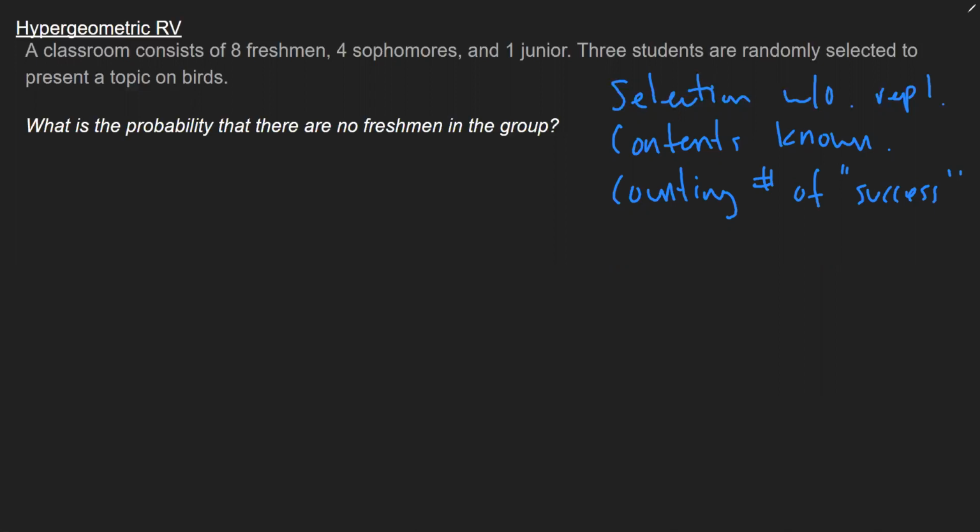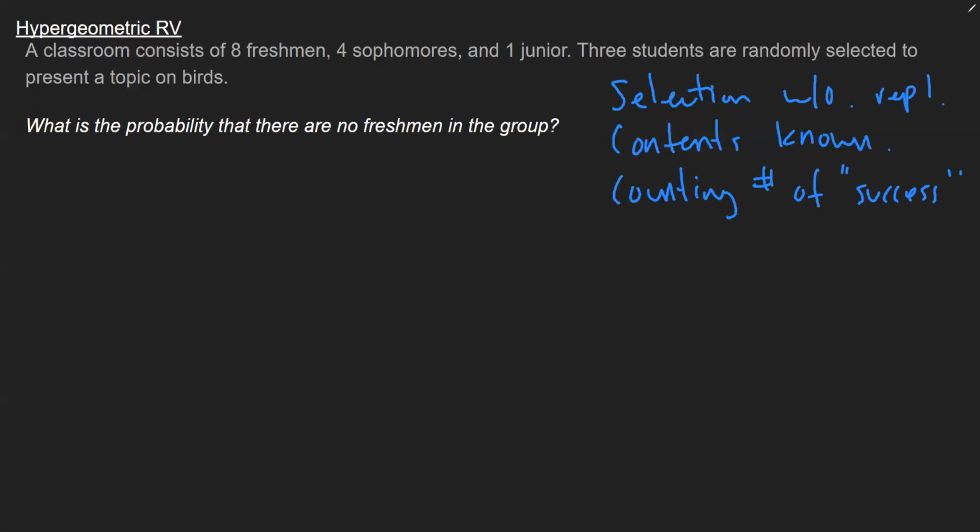And again, the success is just the item or object that you are interested in knowing how many of them you ended up with. So in this example, we have a classroom of 13 students. We are going to select 3 randomly. And then the question's asking about the components of the group. So in this particular question here, of the 3 students that we are selecting, what's the probability that there are no freshmen in the group?